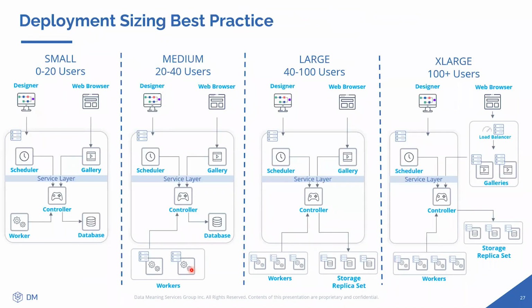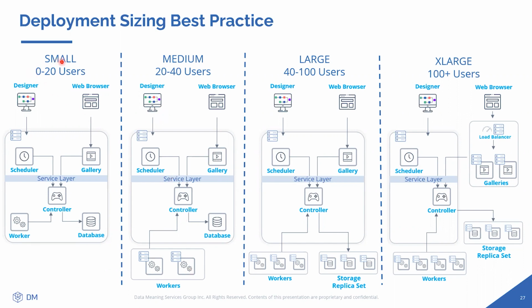Okay, and this is just an overview here of a recommendation from Alteryx on what you should do depending on how many active users you have, right? Think of this as users accessing the gallery at the same time and running jobs at the same time, right?